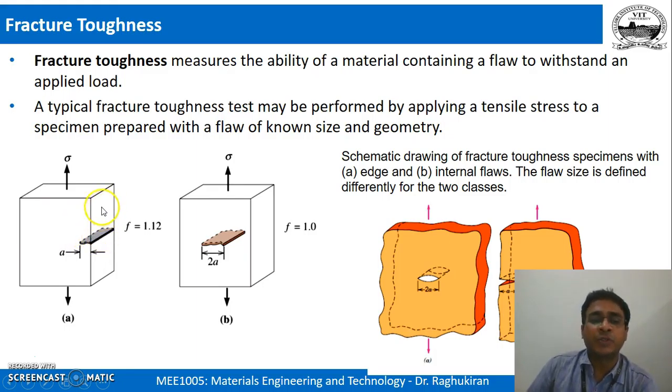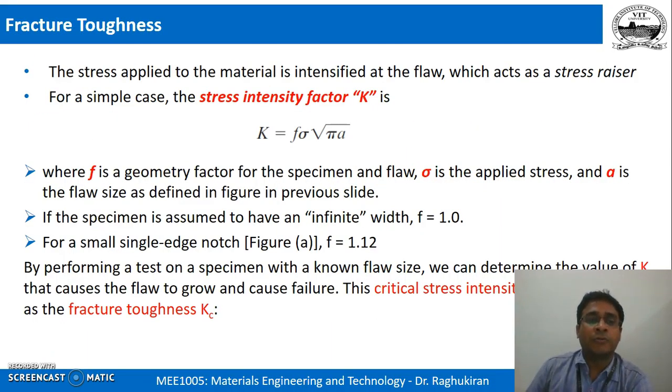So in our case, we assume we are conducting the test by using the tensile load. So how does the material withstand the load? At what point will the material fail? That we will consider to be the fracture toughness. To be precise, we have something called stress intensity factor.